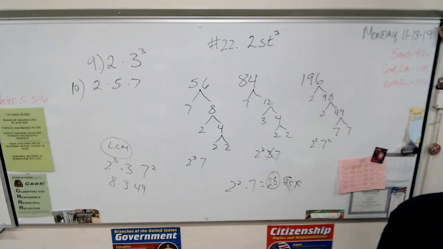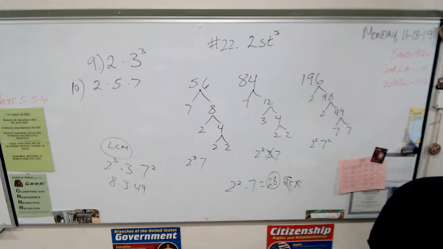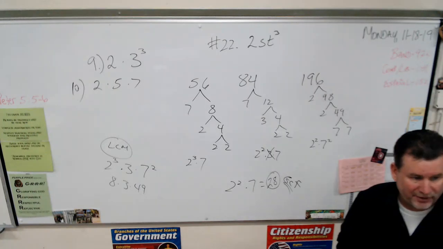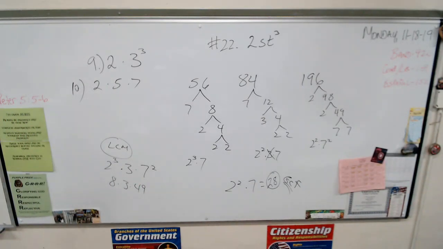Number 27. What'd you get for 27, David? 1/3 times C. Yes, but in simplest form, hold on. I see some puzzled looks. I hesitated because that's not the answer in simplest form.